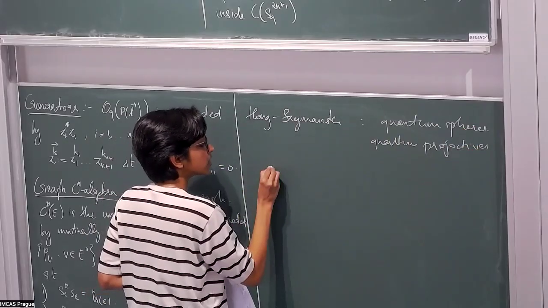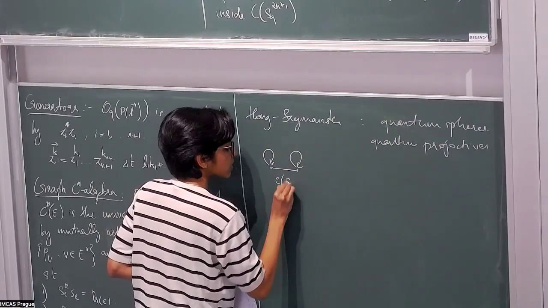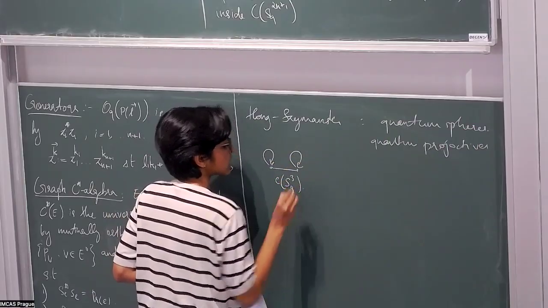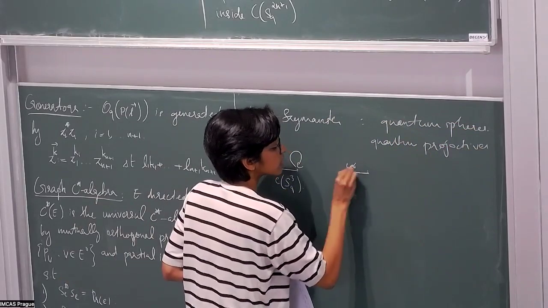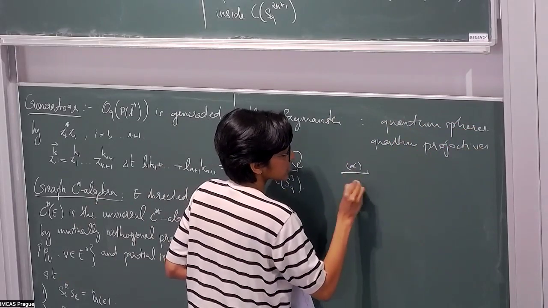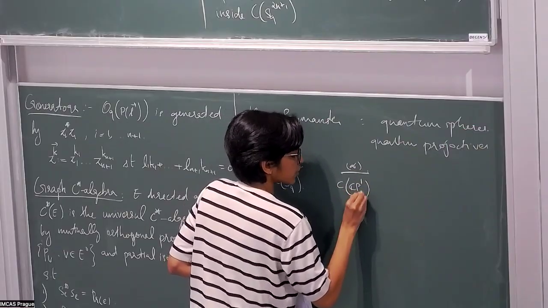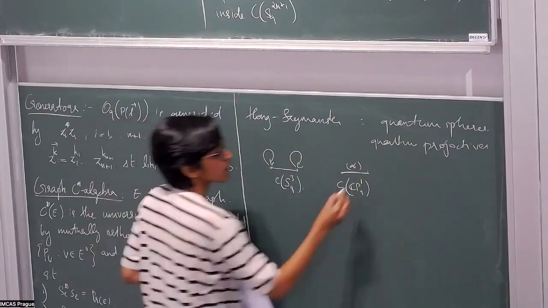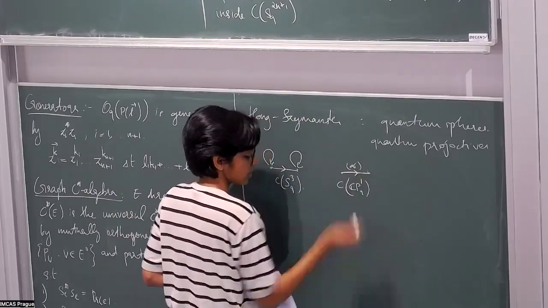And if you are interested, this is the graph of S3. And this is just CP Q1. And I should really draw some arrows.